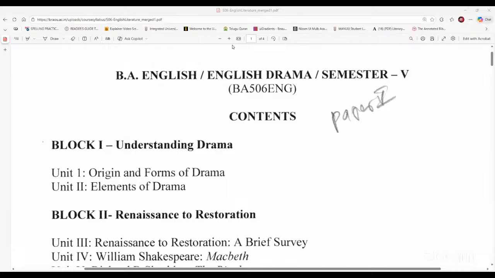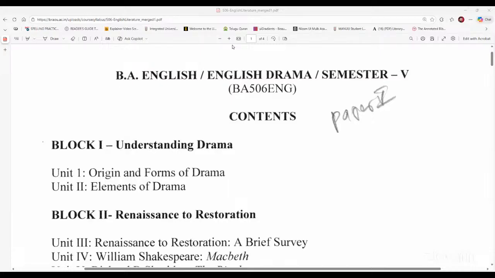So it could be loss of fortune, it could be death, that catastrophe could be of anything. And this downfall, this destruction, or death happens because of one particular weakness, and that weakness is called hamartia, or tragic flaw.